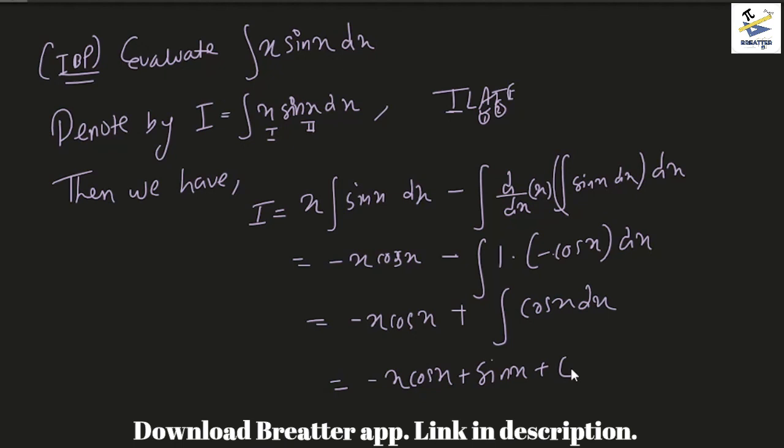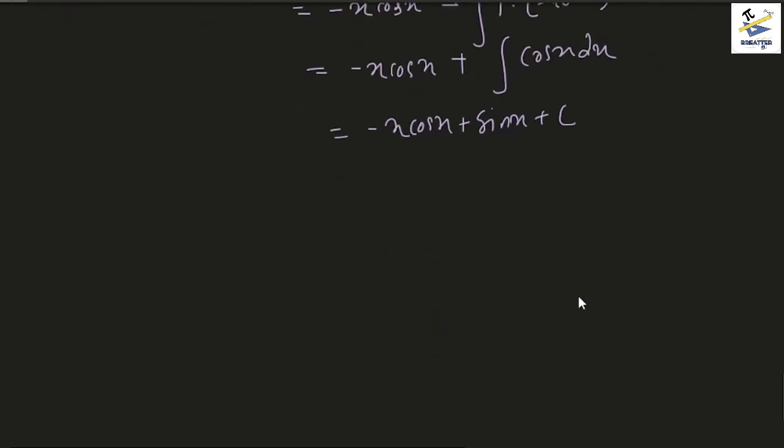So let us try to find out something else here. The next problem would be the integral of e to the power x sin x dx. Now this is a problem where you would know why denoting the integral by I is of paramount importance.